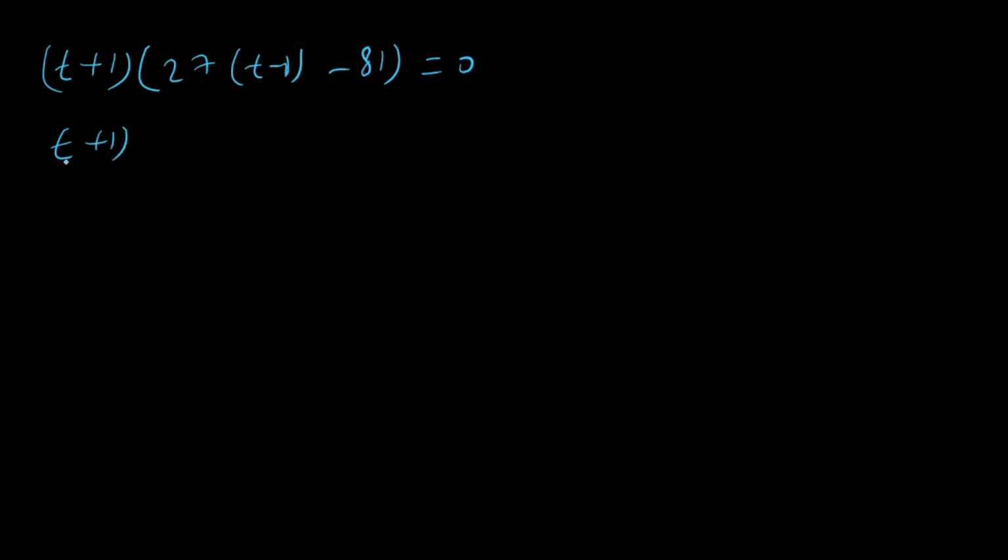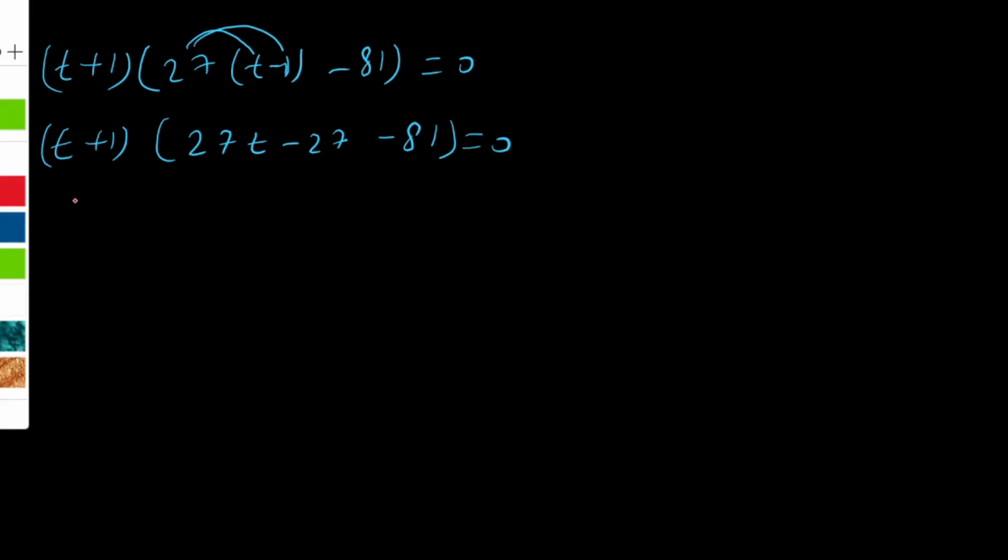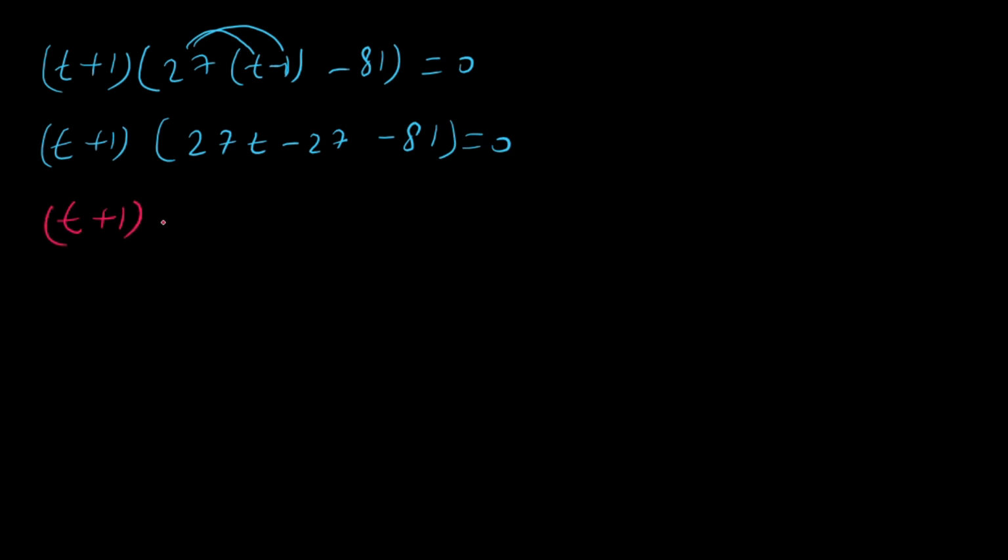Multiplying 27 by t gives 27t, and 27 multiplied by minus 1 gives minus 27, and here minus 81, and this is equal to 0. So (t plus 1) times (27t minus 27 minus 81, that is minus 108) equals 0.